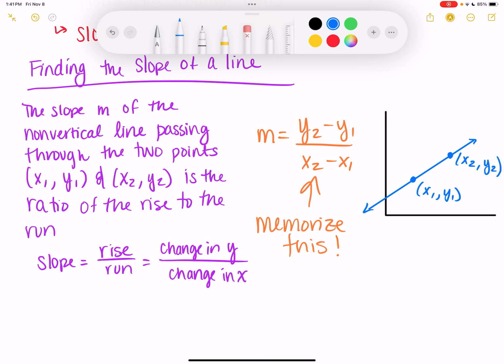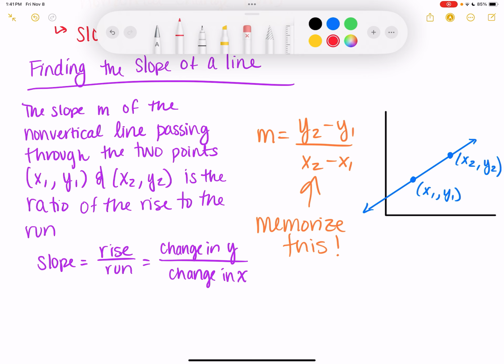And I'm going to say this not to confuse you, but hopefully to make your life easier. It does not matter which point is point 1 and which one is point 2, as long as you are consistent when you write in your formula. Okay, so I could really choose either point to be point 1 and point 2. I will always do the first point that's listed as point 1, the second point listed as point 2, but just so you know.